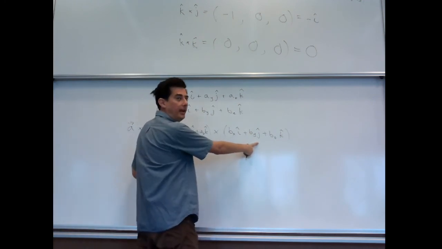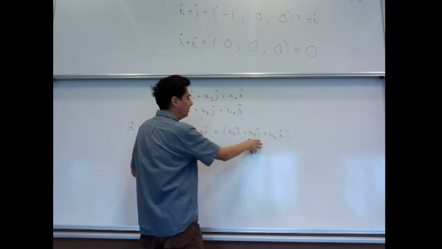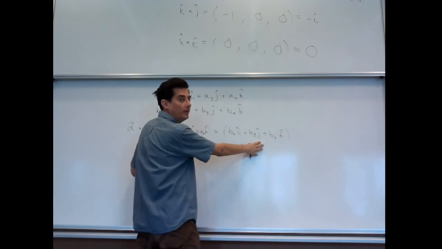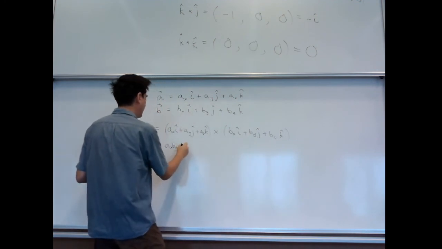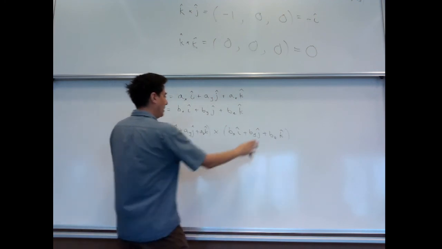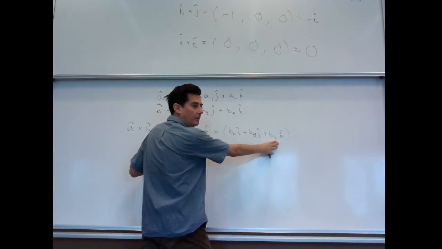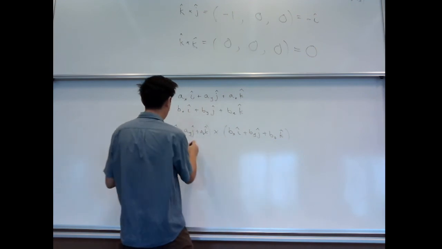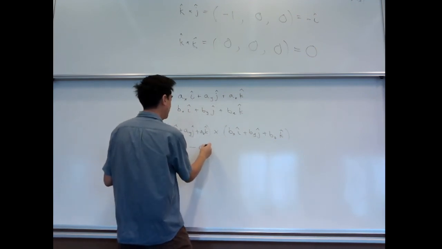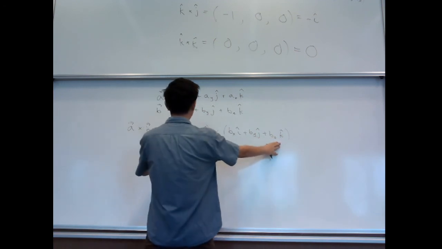And i times j is, according to the rule, what is it going to be? k, right. So we write k. Here, i times k, what's that going to be? Negative j. Yeah, negative j. So negative Ax Bz j. Okay, so that's the first 3.